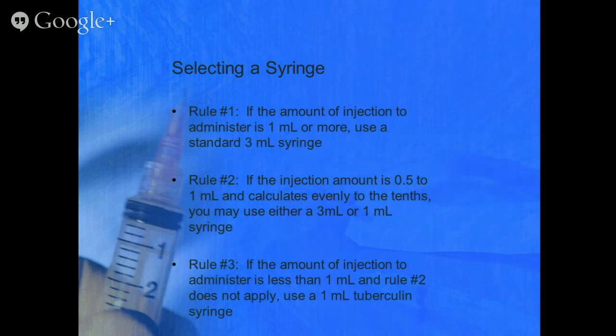So we have rules for selecting our syringes. First rule is we look at the amount of the injection to administer. If it's 1 milliliter or more, we use the standard 3 ml syringe. If your injection is between 0.5 to 1 ml and calculates evenly to the tenths, you can use either the 3 or the 1.